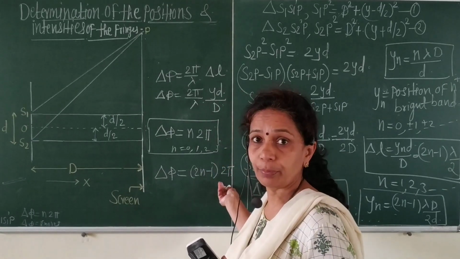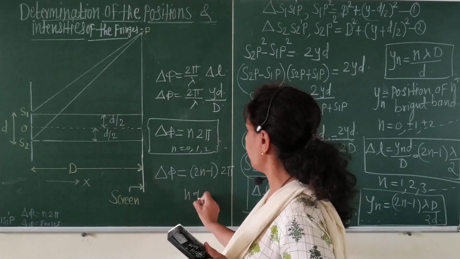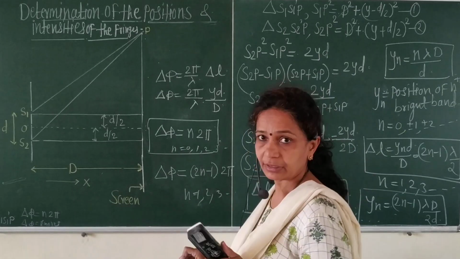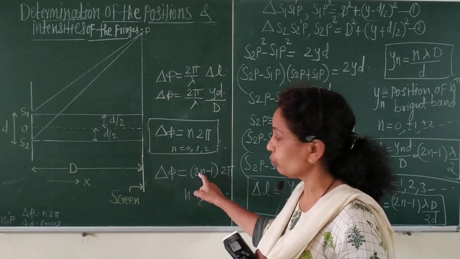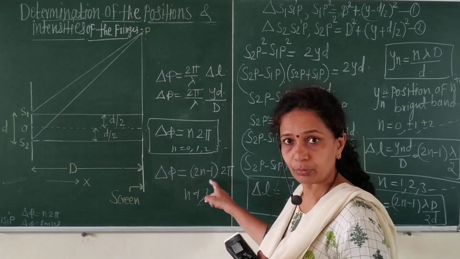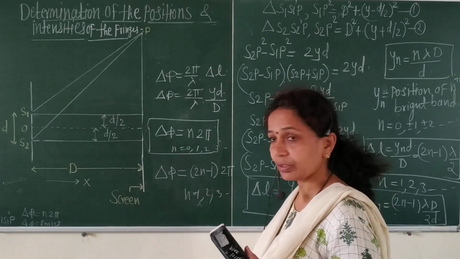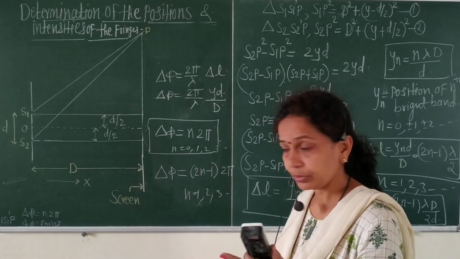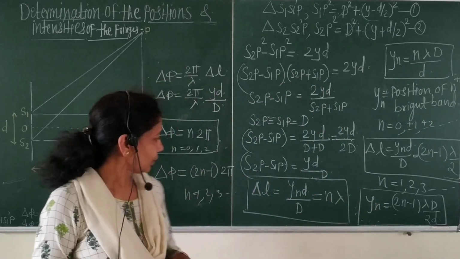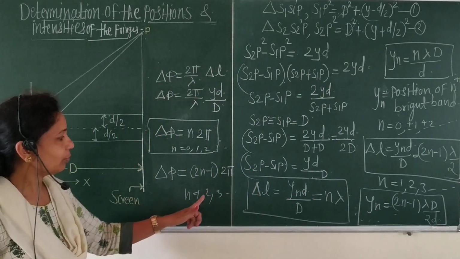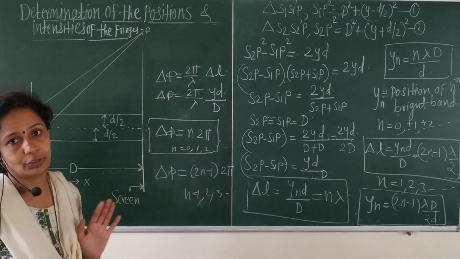Here n takes the values 1, 2, 3, and so on. Put n as 1: 2 into 1 is 2, 2 minus 1 is 1, so the first is pi, and the next is 3 pi.